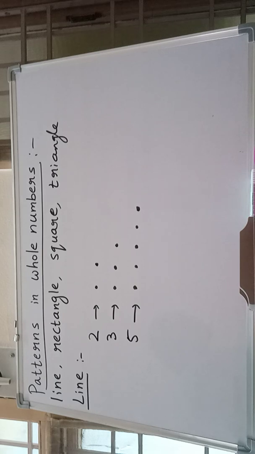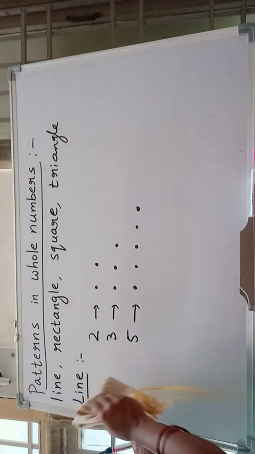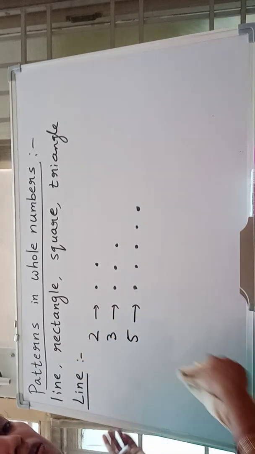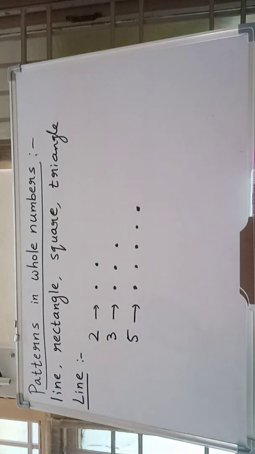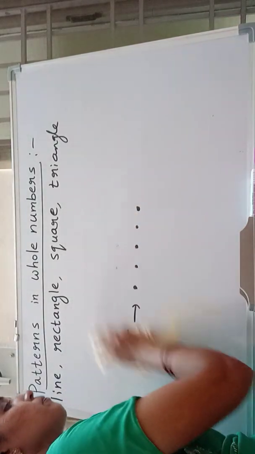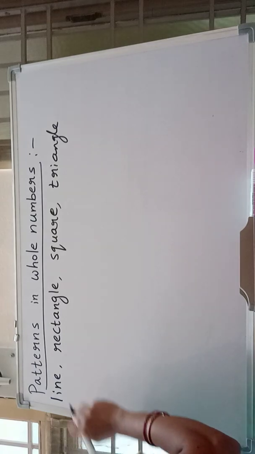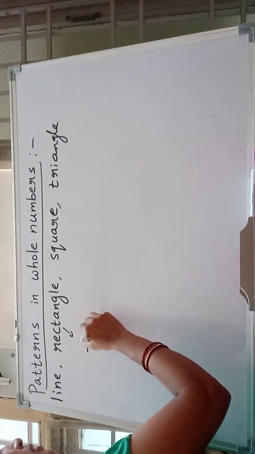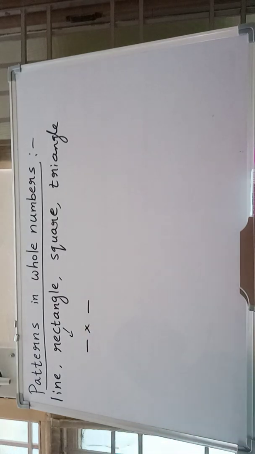Now the rectangle shape. We will see which whole numbers we can show in rectangular shape. Remember, all whole numbers can be shown in line shape except 1. Now rectangle. If we can express the number as a product of two numbers, except 1 here also, then we can express that number in rectangular shape.